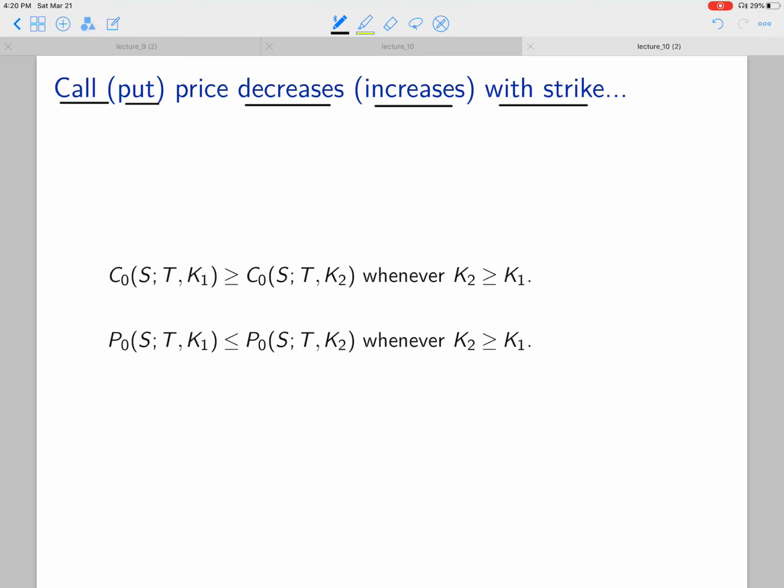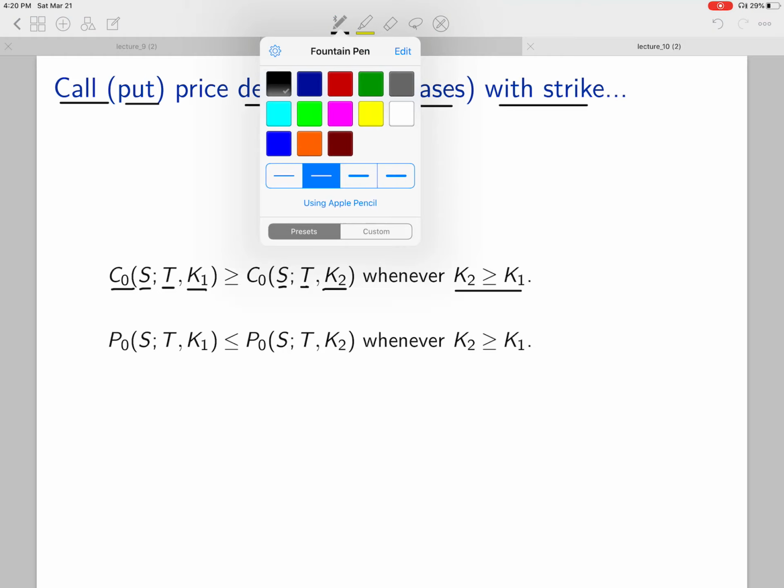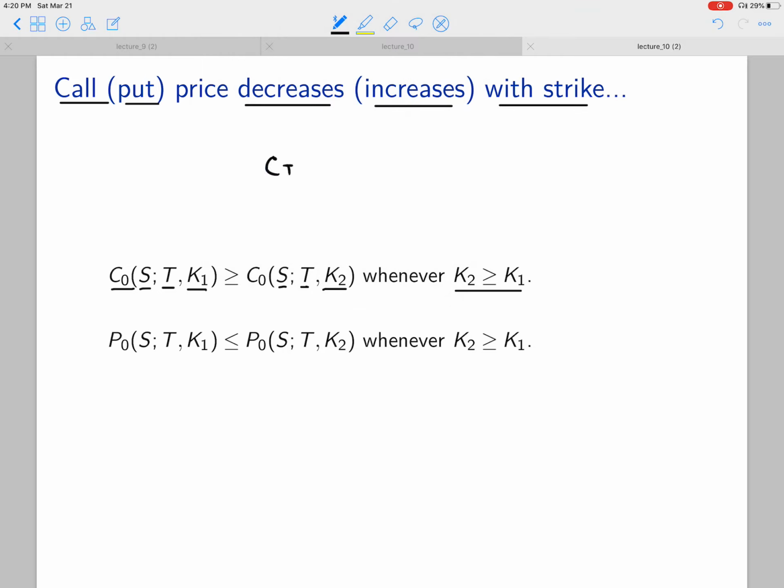Okay, so the mathematical way we say it is that a call on a stock S, maturity T, strike K1, is greater than or equal to a call on a stock S, maturity T, strike K2, whenever the strike K2 is greater than or equal to K1. The reason why is that you just think about the payoff to the call at day capital T. It's max of ST minus K and 0.